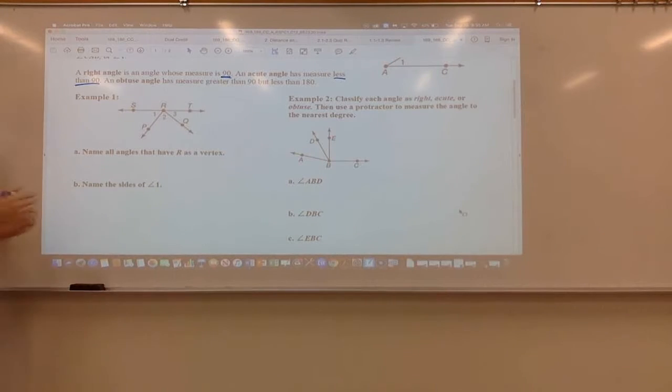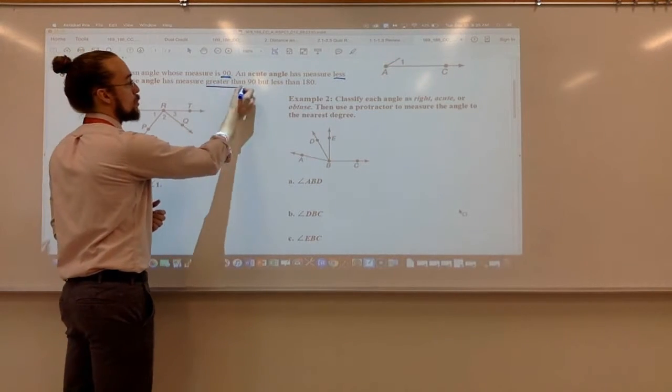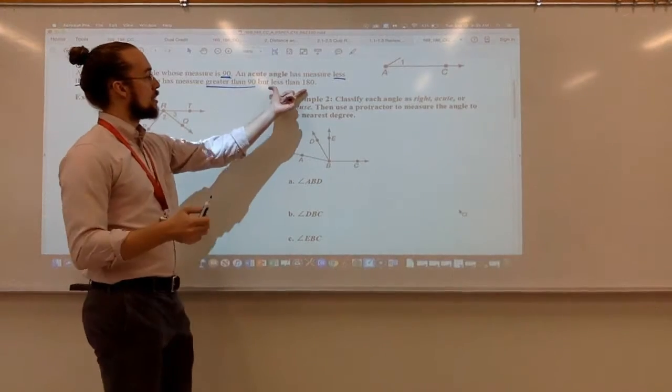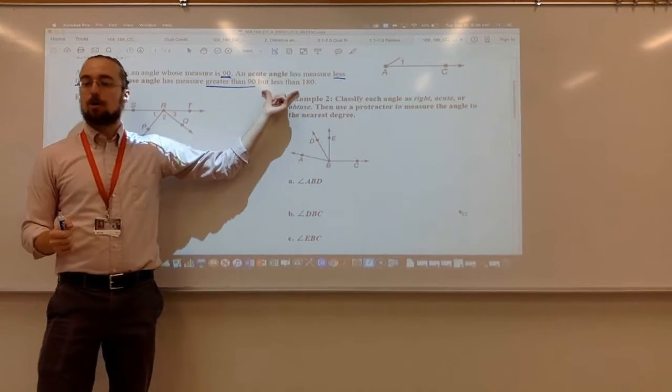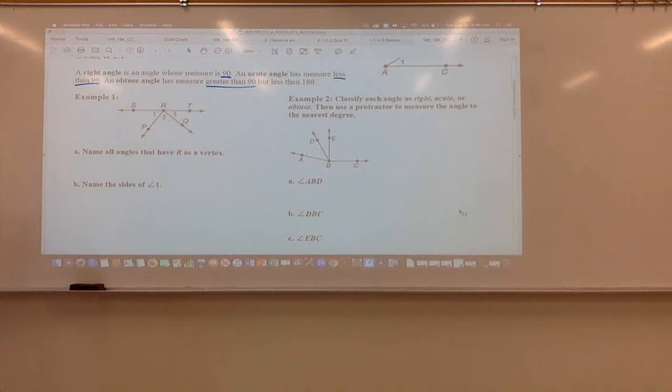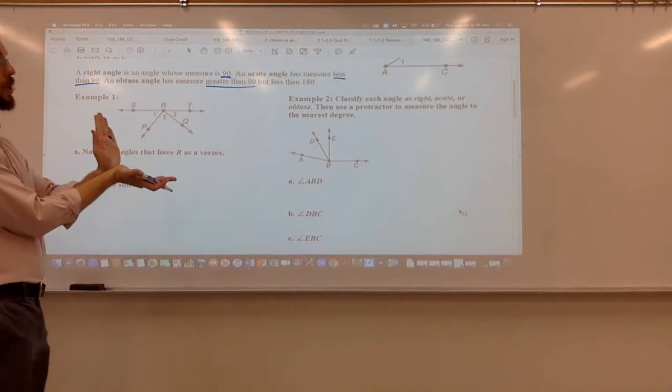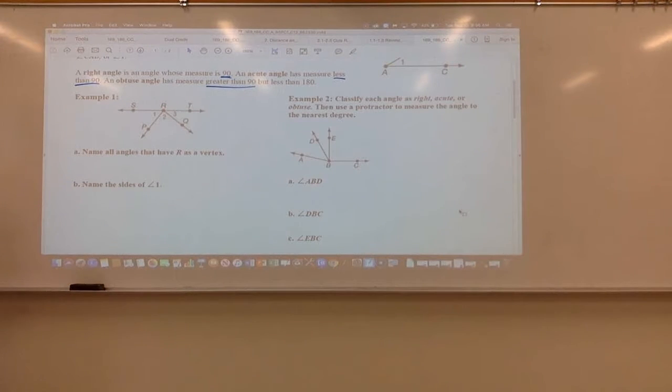And an obtuse angle is greater than 90, but less than 180. When you wrote acute and obtuse before, you may not have had this part on the definition, specifying that it has to be less than 180 degrees. We just know an acute angle is smaller than 90, right is 90, obtuse is greater than 90, but it also has to be less than 180.